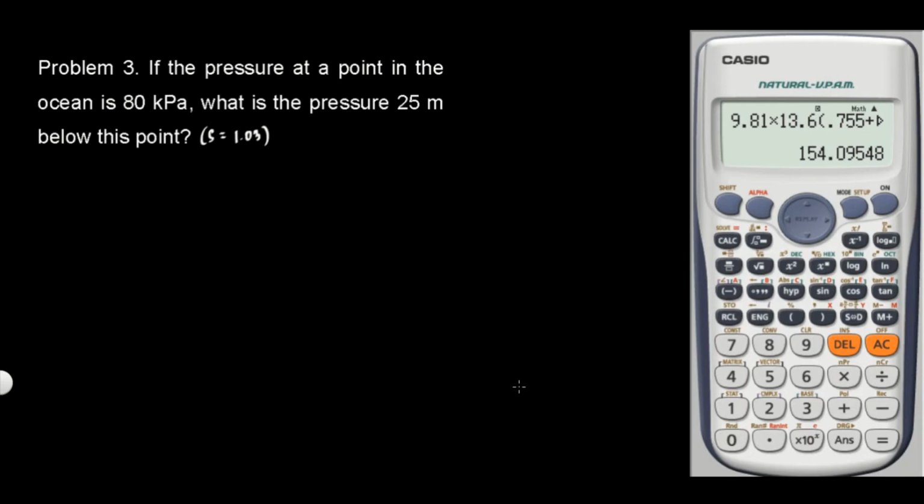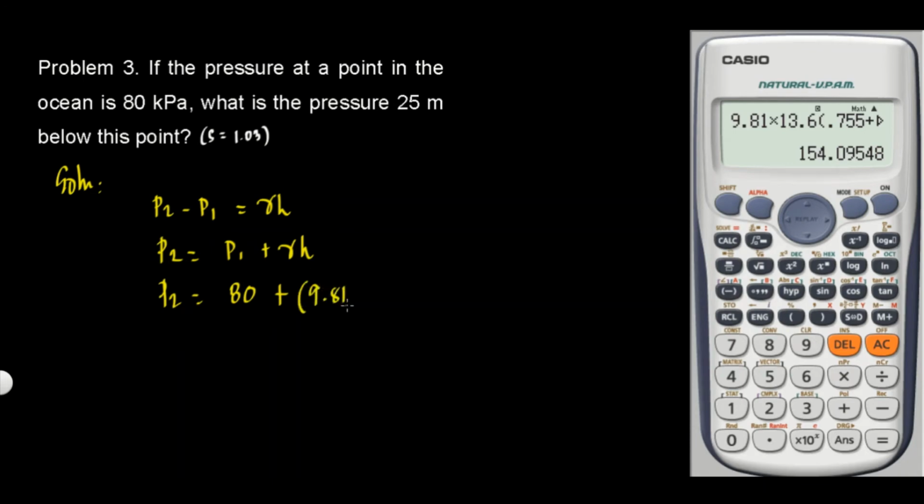Problem 3, if the pressure at the point in the ocean is 80 kPa, what is the pressure 25 meter below this point given S equals 1.03? Okay, solution. The difference in pressure between 2 points, P2 minus P1 equals gamma H. So P2 is equal to P1 plus gamma H. P2 is equal to 80 plus the unit weight, which is 9.81, times the specific gravity, 1.03, times the height of 25.